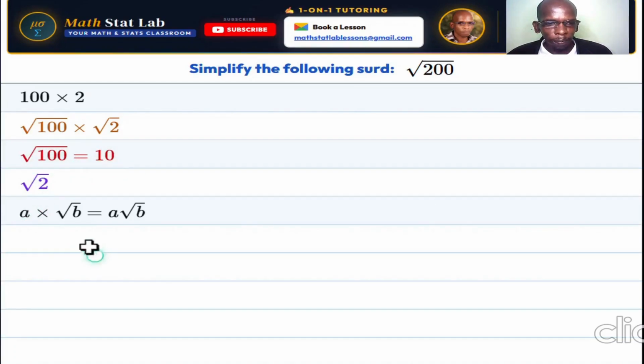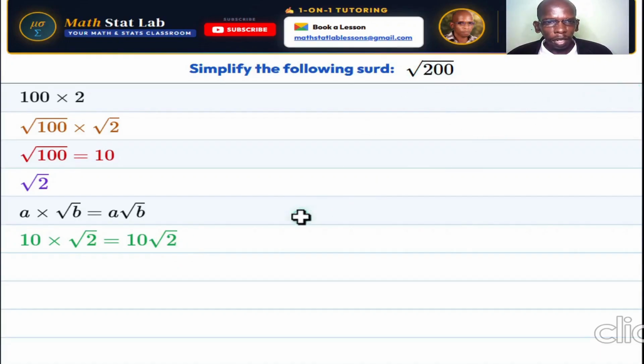So here a will be 10, then the root of b will be the number which doesn't have an exact square root, in this case the root of 2. So now the answer would be equal to 10 the root of 2, like this. 10 multiplied by the root of 2 is the same as 10 root of 2. So the root of 200 reduces to 10 root of 2. And we have simplified this one.